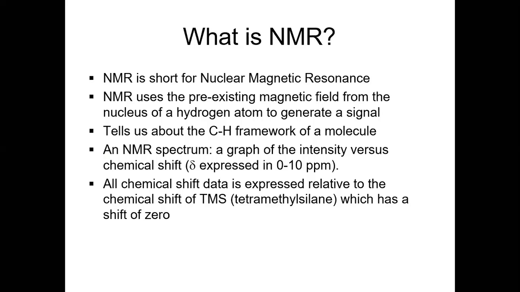Some of us have already done NMR because of lab, so that's a good thing. What it tells us is the carbon-hydrogen framework of any molecule. The scale is from 0 to 10 parts per million, and everything is expressed relative to TMS, which always shows up as 0.